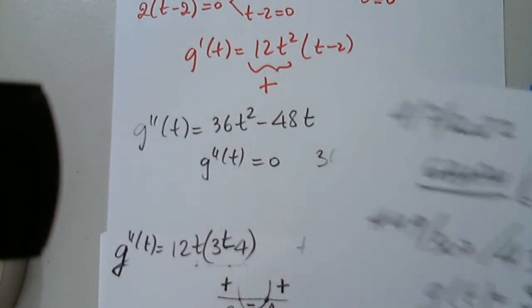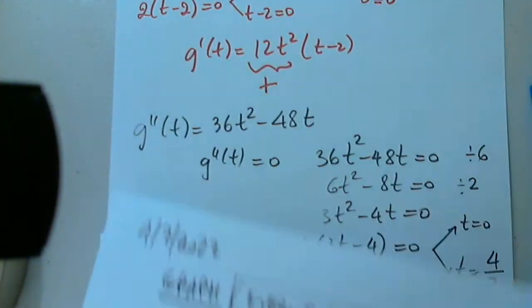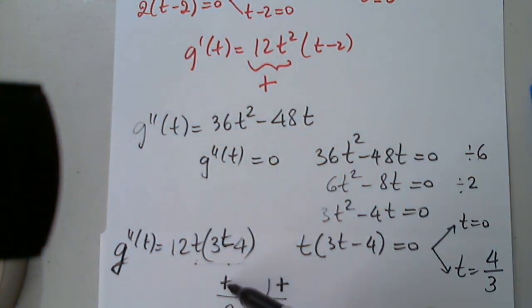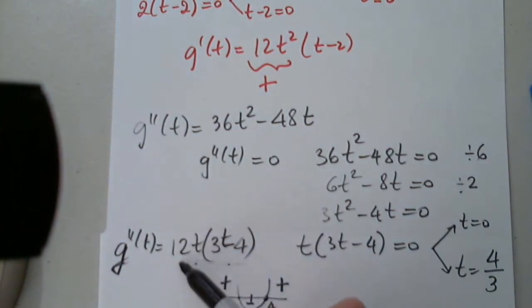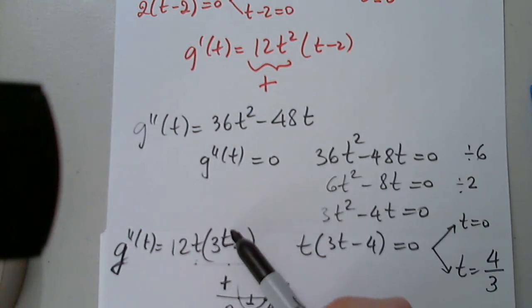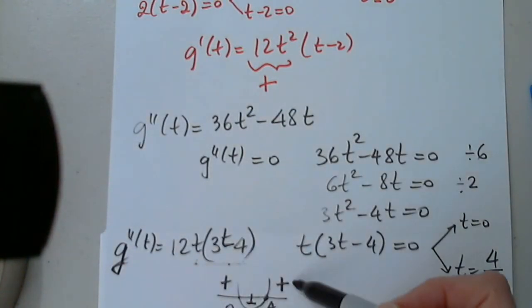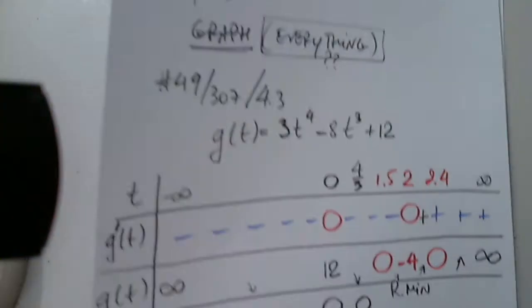So in this function, if I plug in -10, I guarantee you I will get a positive number. So -10, this will be more than -30, and this is negative. Negative times negative will be positive. But if I plug in 1, this is positive, but this will be negative. So it will be negative. And the same thing on the other side. So we have the sign.